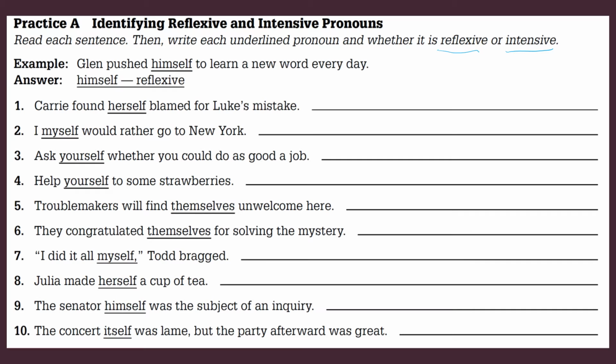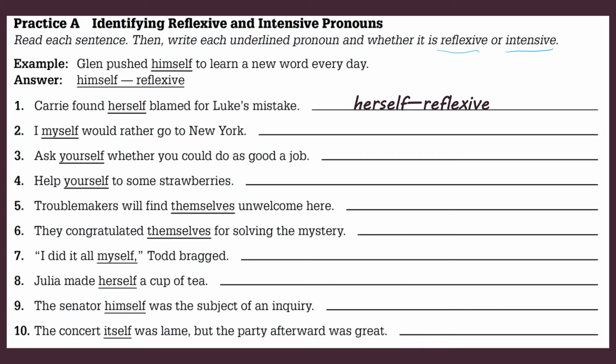Let's see number 1. Carrie found herself. So herself, did we use it just for emphasis, or in order to direct the action of the verb toward the subject? Actually, to direct. In this case, it is reflexive. So write herself, and the type is reflexive.